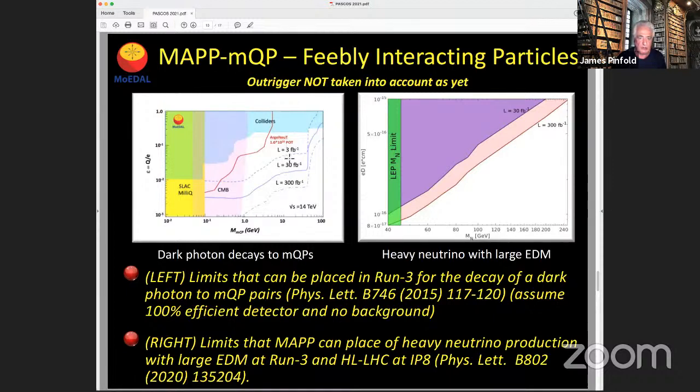And this is the limits we can place with these various luminosities. And in this case, we have a heavy neutrino production where the heavy neutrino has a large electric dipole moment, which is the thing that interacts electromagnetically. And here we see the limits where we have the electric dipole moment of the new neutrino against the mass of the new neutrino.